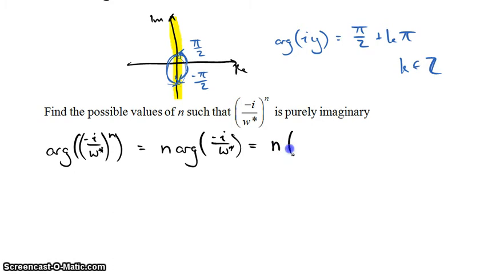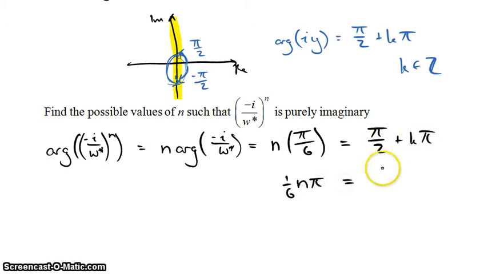This is n times pi upon 6. And I want this to equal pi upon 2 plus k pi. So I have 1 over 6 n times pi is equal to 2k plus 1 pi over 2.